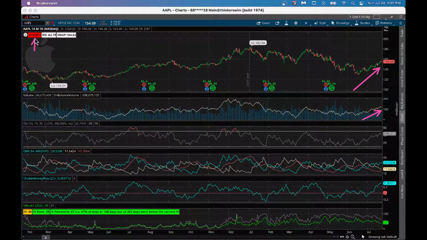That tells you about 67% of the days, or 168 days out of 250 days, they were below the current IV, which is not too bad here.